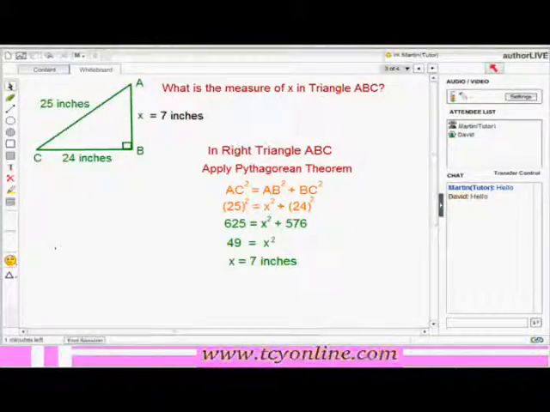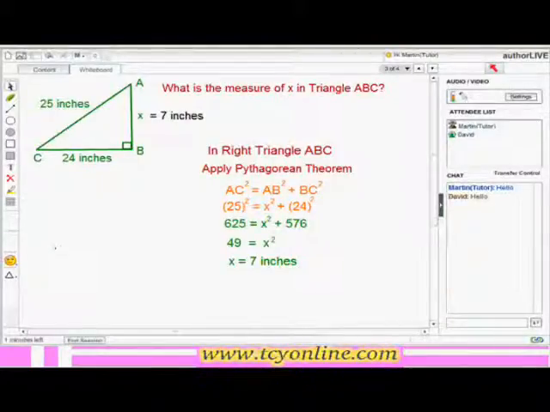Now, we shall find the measure of x in right triangle ABC, where AC is given to be 25 inches, BC is equal to 24 inches, and side AB is supposed to be x inches. As triangle ABC is a right triangle, the Pythagorean theorem can be applied in this context.